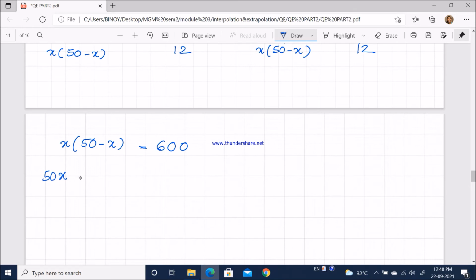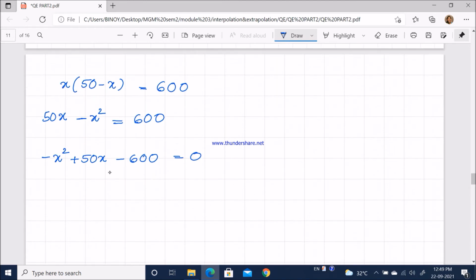So 50x minus x square equals 600. So minus x square plus 50x minus 600 equals 0. Taking minus inside, x square minus 50x plus 600 equals 0.